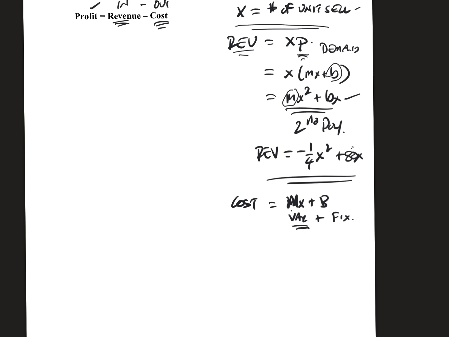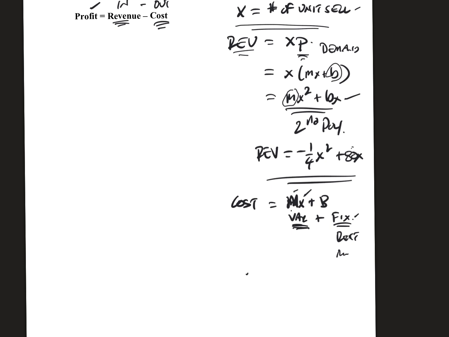So the number of units that I produce and sell times the cost to make them would be my variable cost. The fixed cost is things like rent. If I rent a building, material, or tools, those are fixed costs. I have to pay them no matter whether I make something or not.